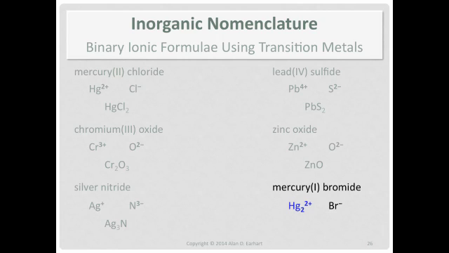So they write the mercury 1 like this. So, bottom line, commit it to memory. Least common multiple of 2 and 1 is 2, so you take the Hg2, but then you need 2 bromides to balance it out.